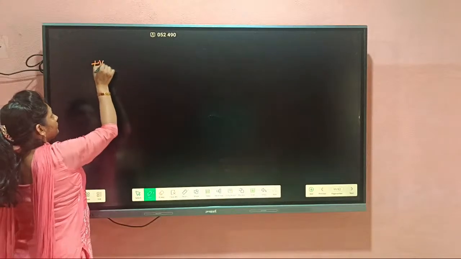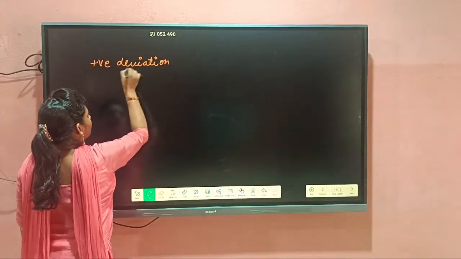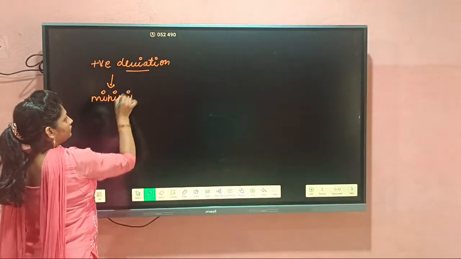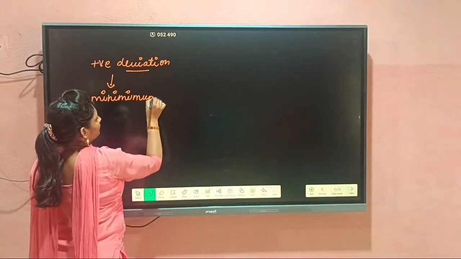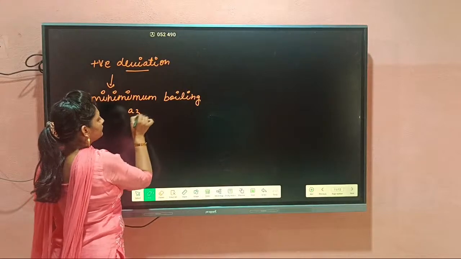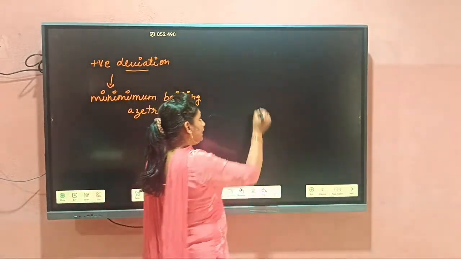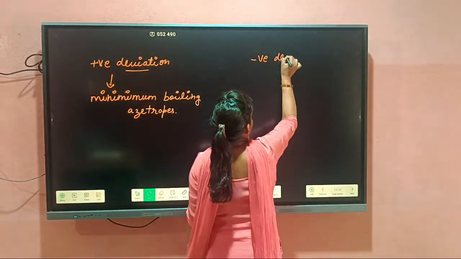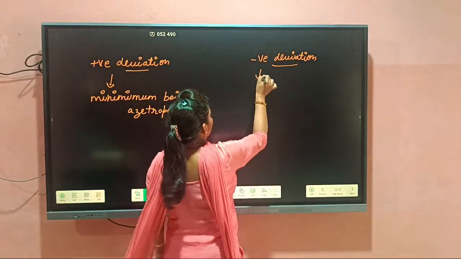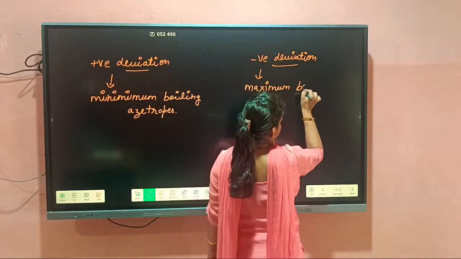Positive deviation: they form minimum boiling azeotropes. And students, negatively deviated non-ideal solutions, they form maximum boiling azeotropes.